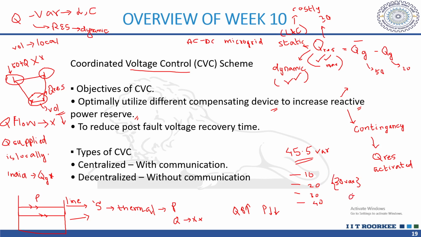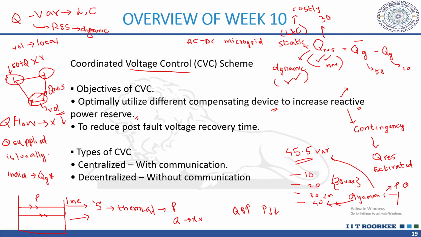But with dynamic VAR reserves, firstly, we can provide exactly the 45.5 VAR required. Secondly, they can act within very little operating time. And depending upon the system condition, depending upon the P or Q support, let's say a dynamic reserve's maximum capacity was 40 VAR.